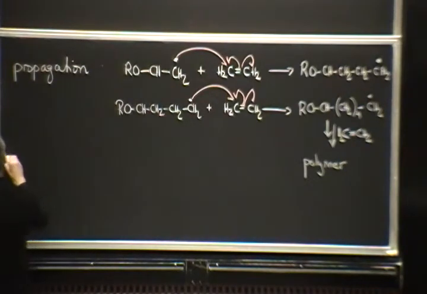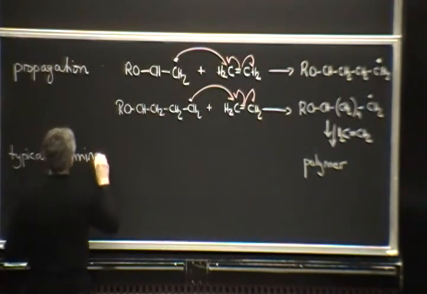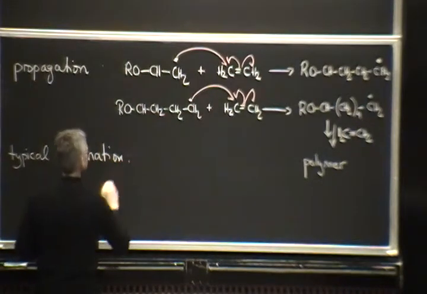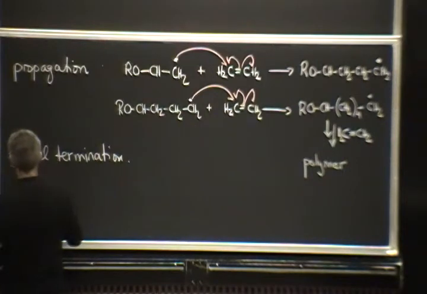So a typical termination of the chain would be when two of the radical chains combine.